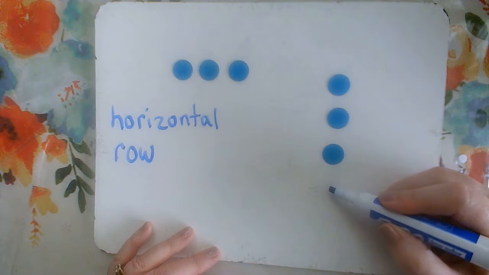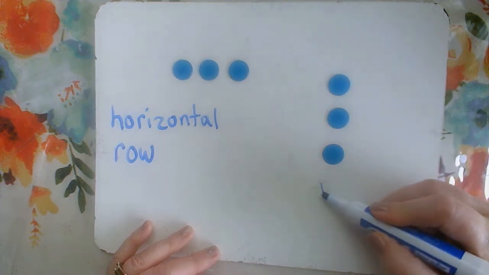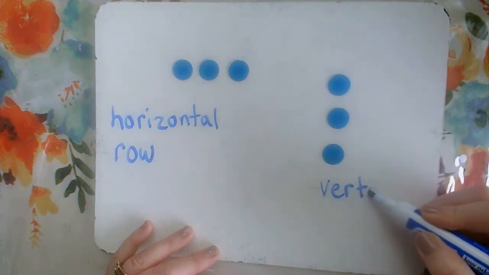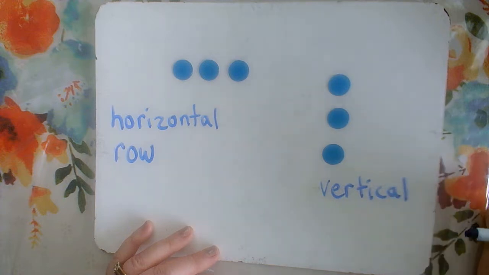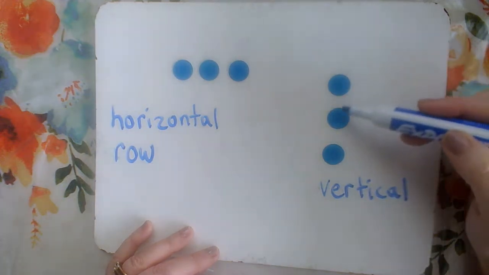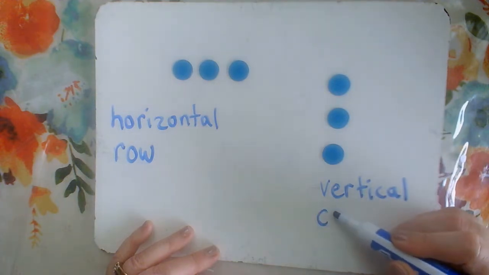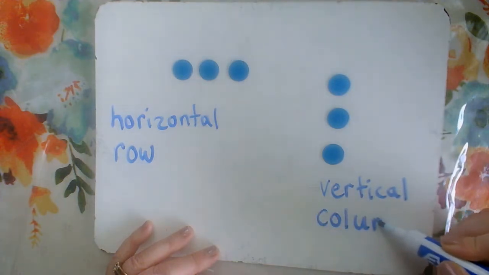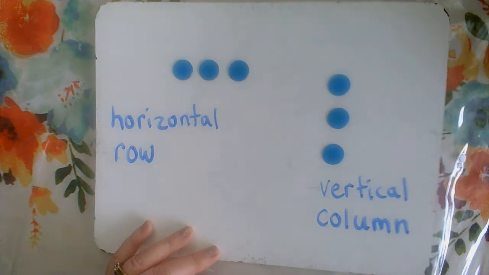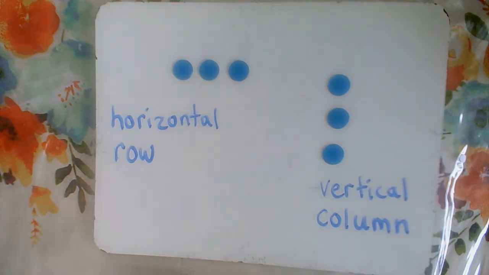So the math word for up and down direction is vertical. And it's not called a row when it comes down, it's actually called a column. Has a tricky spelling, has a silent N on the end. Okay, so rows go across, columns go down.